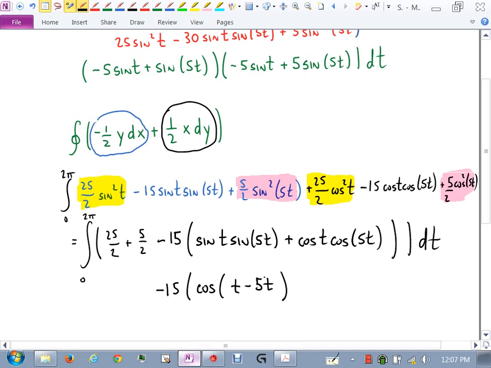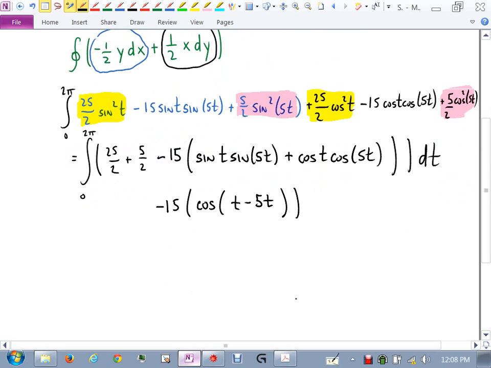If I put in 5t minus t, I get 4t. But cosine of u is equal to cosine of negative u, so this isn't going to matter. Here's where I am, 0 to 2 pi. What's this? 30 halves, is that just 15? Those two? Minus 15 cosine 4t. Can you integrate that?